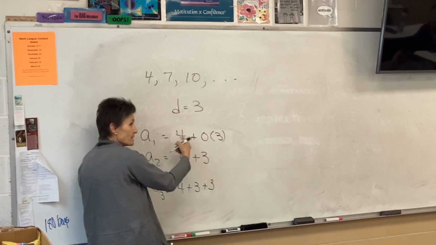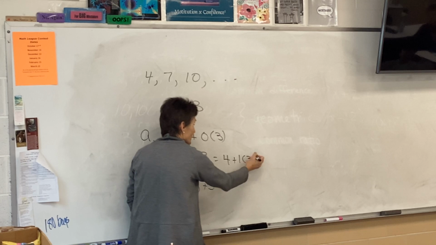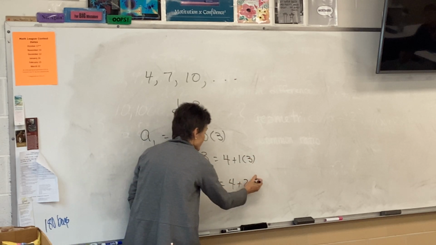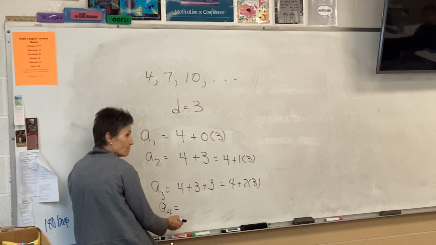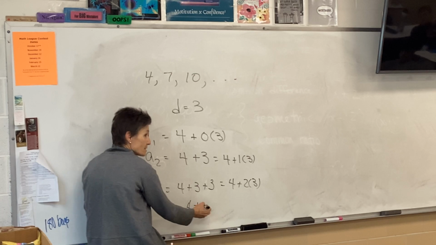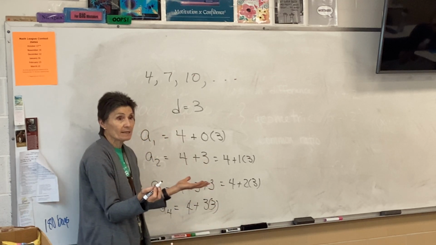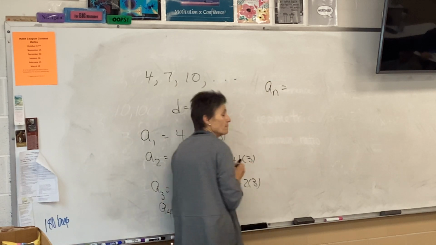We didn't add any 3s, so that's just 4. This one is 4 plus one 3. This one is 4 plus two 3s. What do you think the fourth term is going to be? 4 plus three 3s? Okay, so we see a pattern, definitely a pattern. What do you think the nth term is going to be?